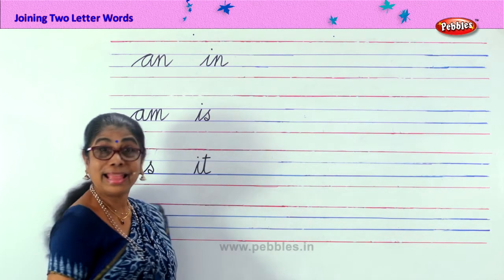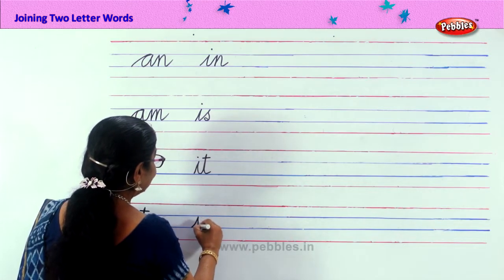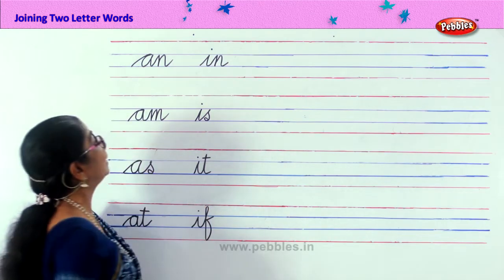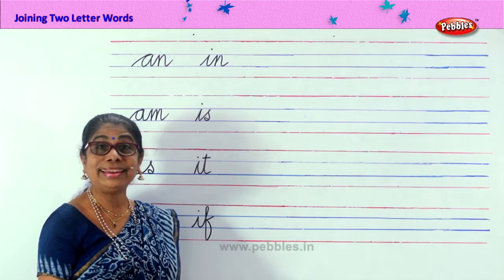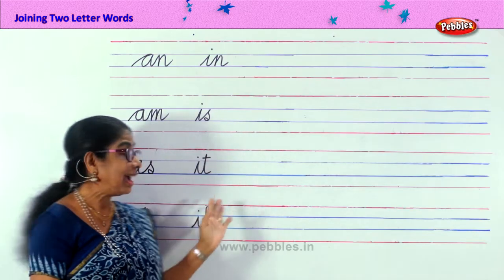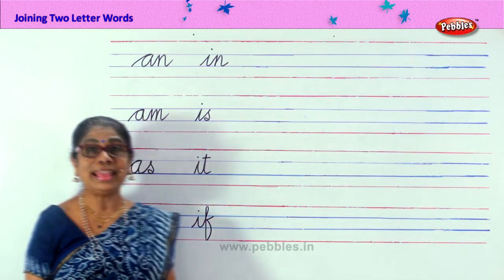It. If. Look. We learn to write I, N, in. Good. I, S, is. I, T, it, I, F, if.